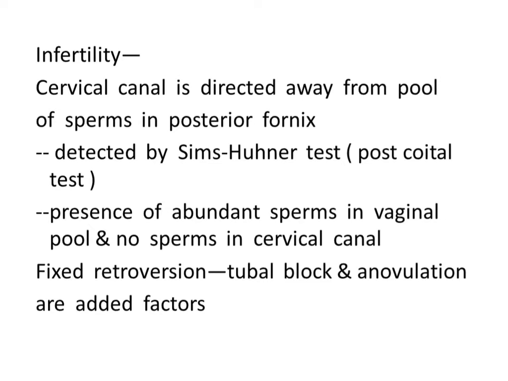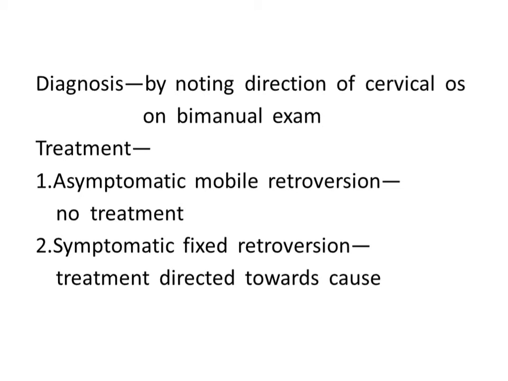So, because of the tubal block, sperms cannot reach the ovum, or ovum may not be picked up by the fimbrial end of the fallopian tube. So many things can occur if PID or endometriosis or even malignancy are there. So in fixed retroversion, those factors play a role in causing infertility. So many causes are there for infertility in retroversion.